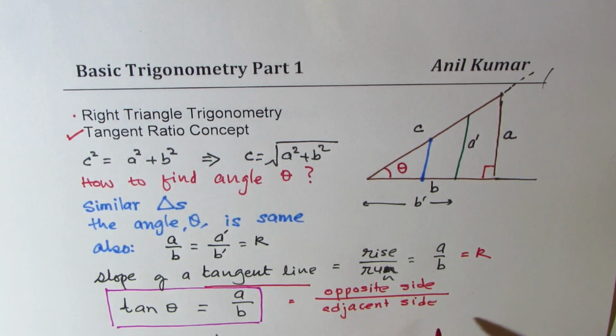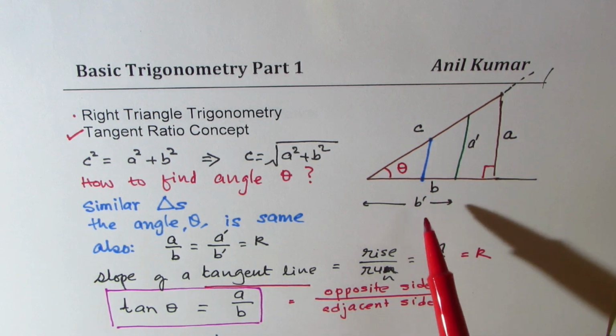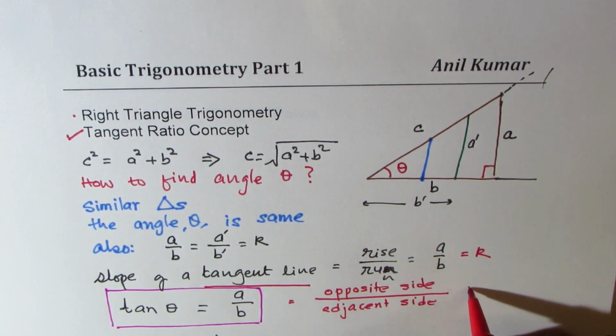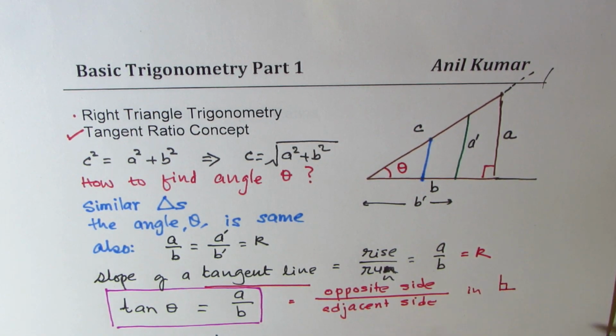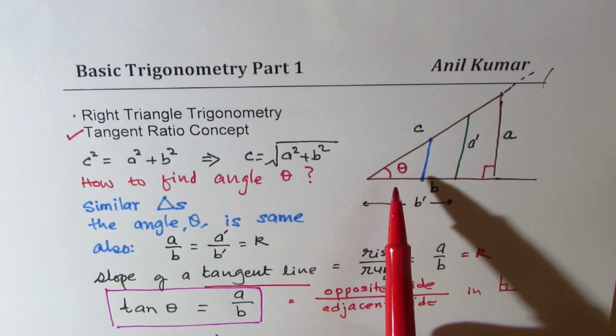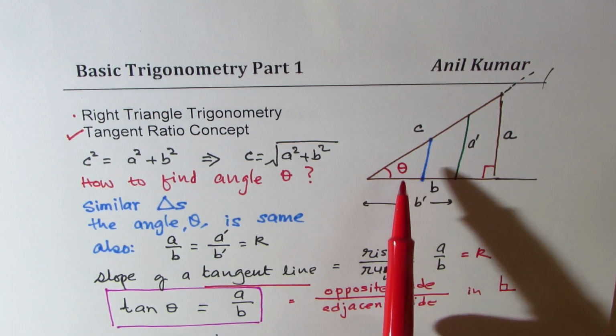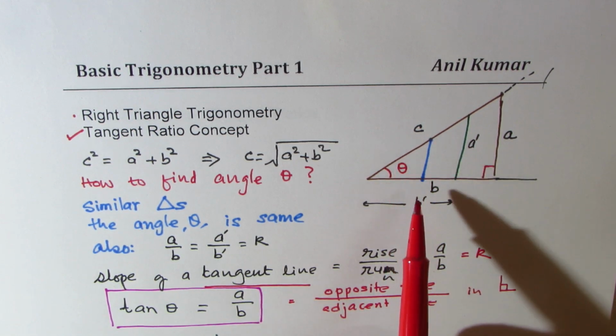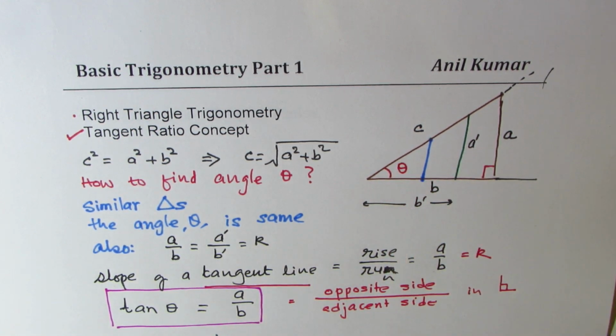So from now onwards, we'll treat tangent ratio tan theta as a ratio of opposite side to the adjacent side in a right triangle. Perfect. So that is the term, and that is going to help us find what theta is. So we have related the angle in a triangle with its sides. So that's a huge concept. I hope you understand and appreciate it. Now let's take a few examples and get into its details.